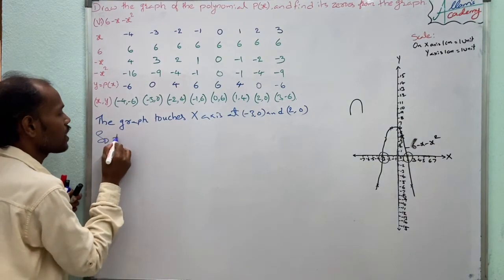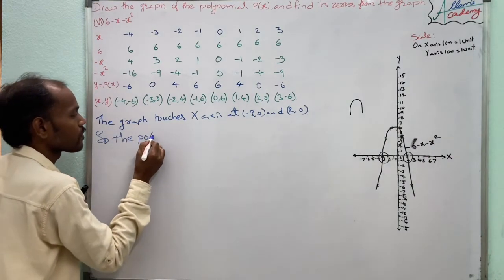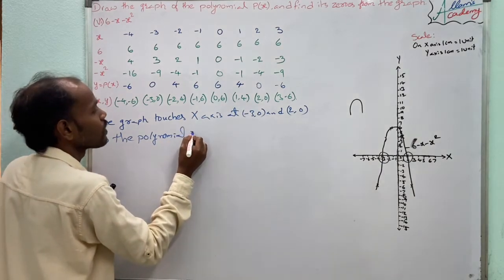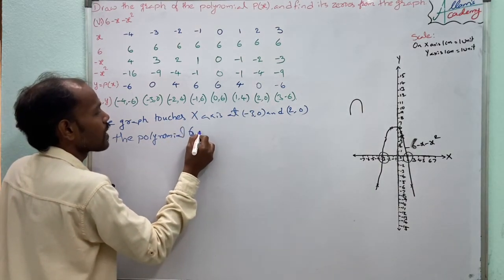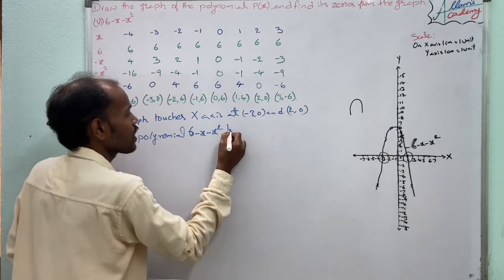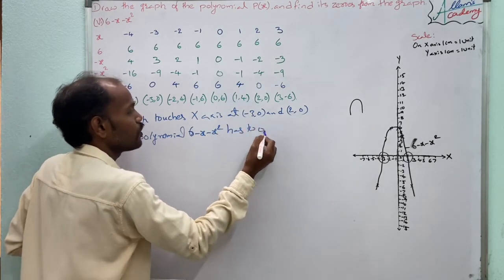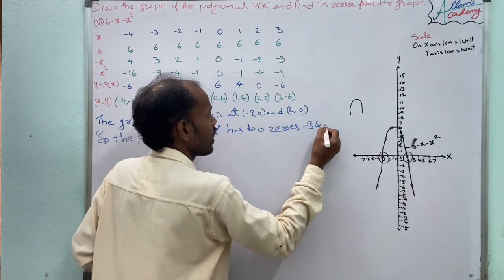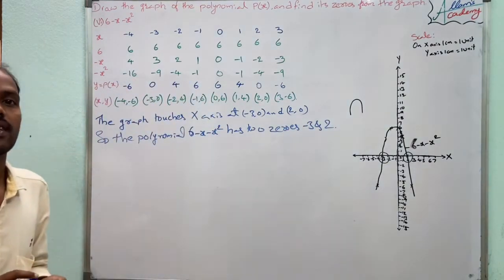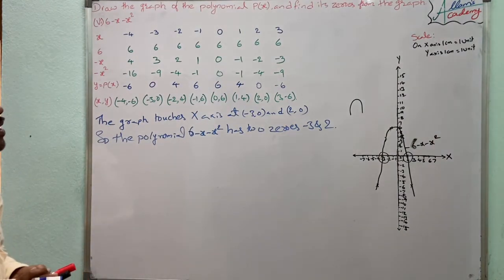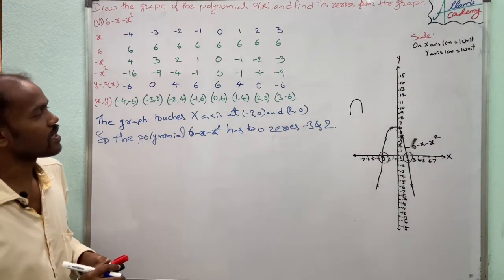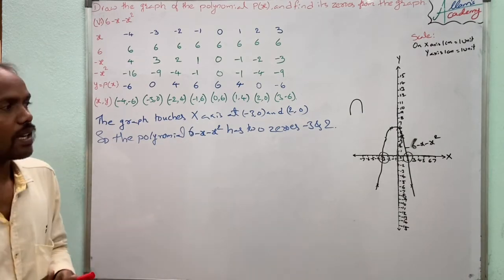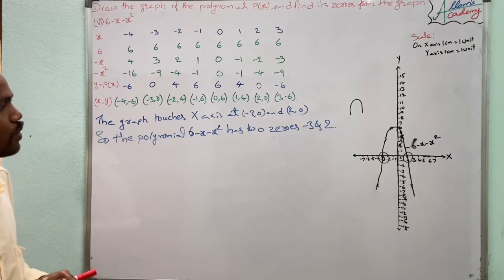So the polynomial 6 minus x minus x square has 2 zeros, minus 3 and 2. By the factorization method also we get the same zeros, minus 3 and 2 only.